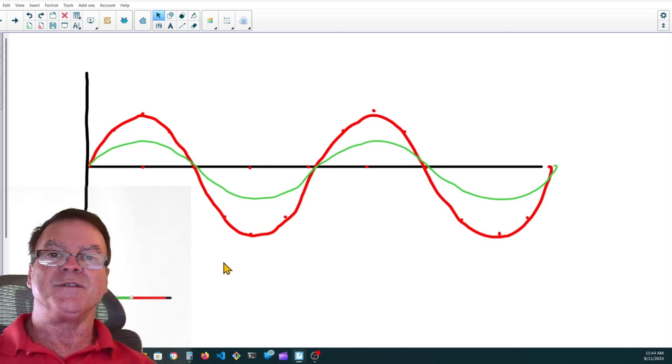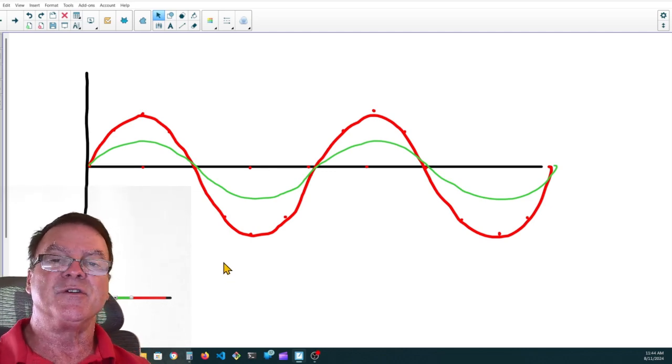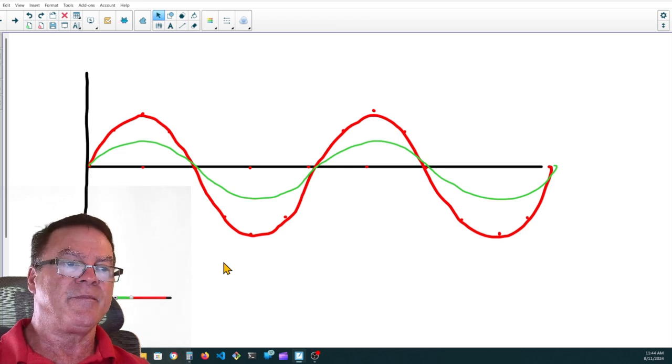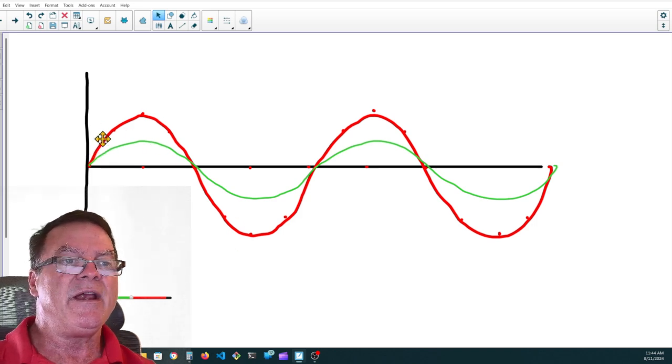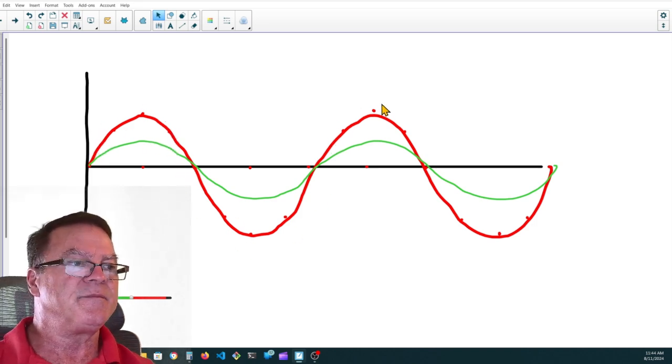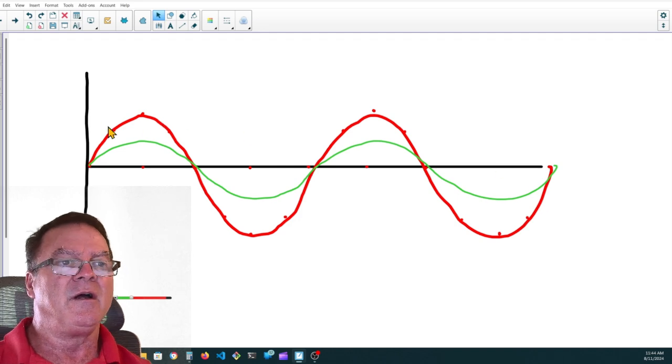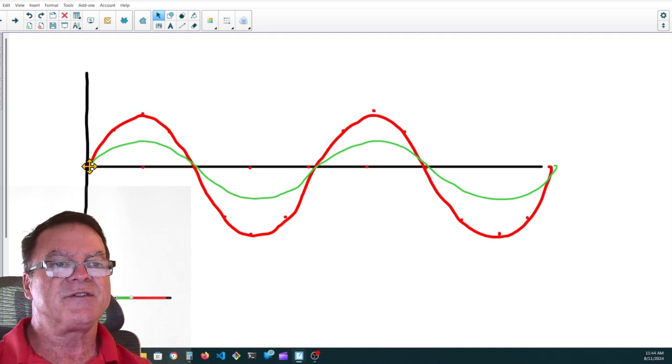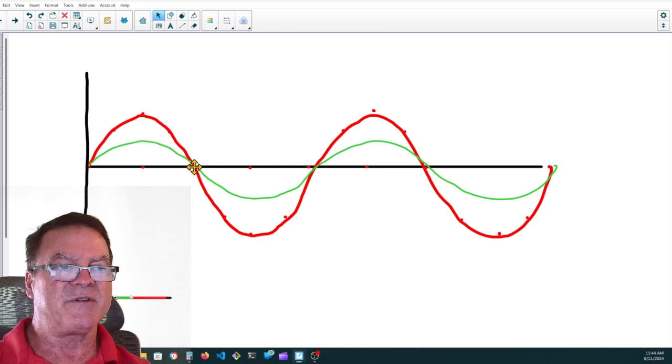Okay, this is the second video for 26201, alternating current, and we're talking about phase relationship of waves, sine waves. So here are two sine waves, and you can notice that they start at 0 at the same time, and they peak at the same time, and then they fall back to 0 at the same time.